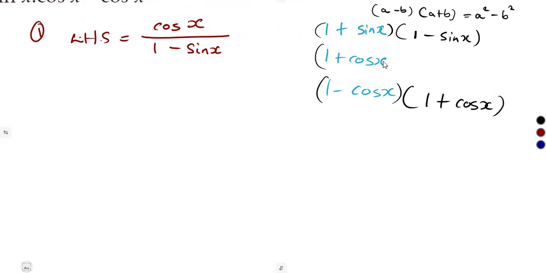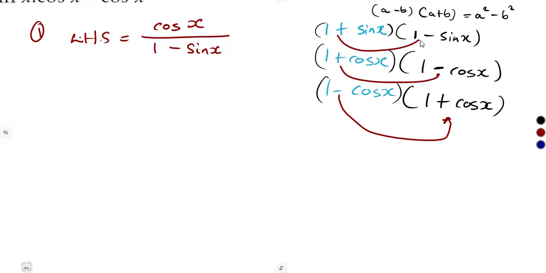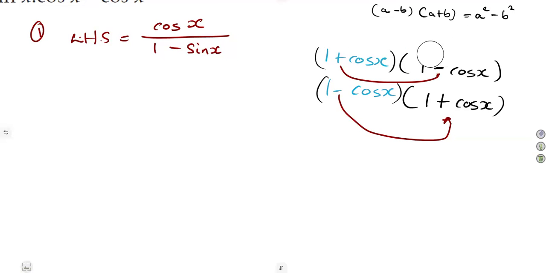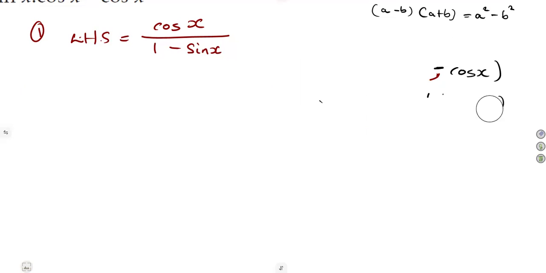This one is 1 plus cos x, and what we're going to multiply with is going to carry a negative, 1 minus the cos of x. This is the condition. You make it a difference of two squares, different signs: a minus, a plus, a plus, a minus. Once you apply this, you can work out further from there because it is going to give you a squared minus b squared. So this is the condition of our question.